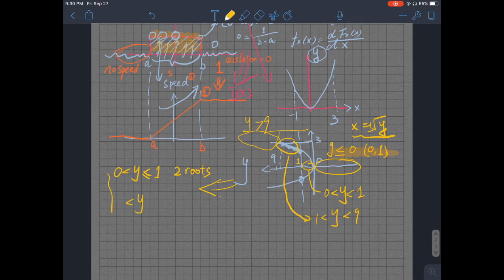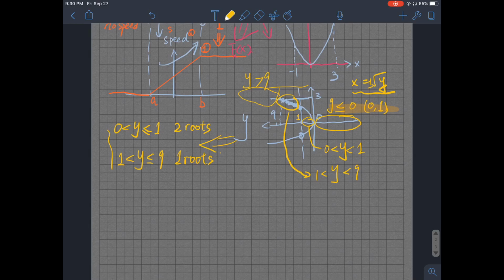And for y greater than 1 and less than or equal to 9, we have one root. And we know the relationship between y and x is f_Y(y) equals f_X(x) divided by the derivative of g(x).